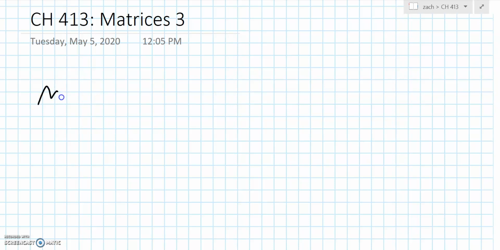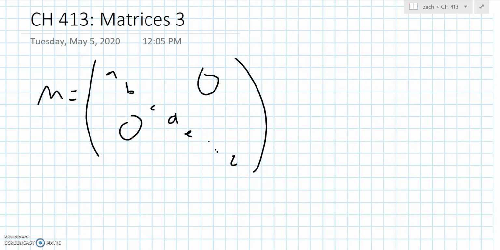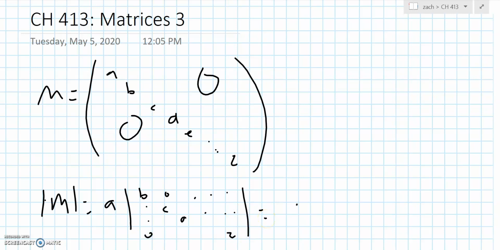So if you had a matrix M that looks like A, B, C, D, E, all the way down to Z, let's say, zeros here, zeros there, you're just going to see that when you take the determinant, you're going to get something that's A, B, zeros, C, D, zeros, zeros, all the way down to Z. And that's just going to repeat, so you're going to get A, B, C, all the way down to Z. So it's just an even simpler case to consider.